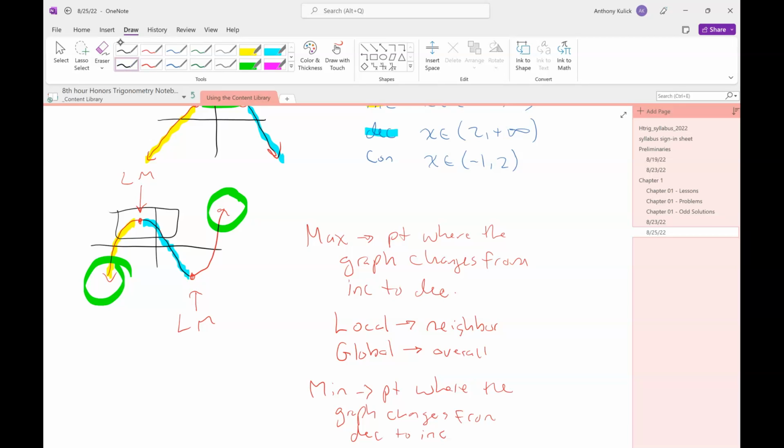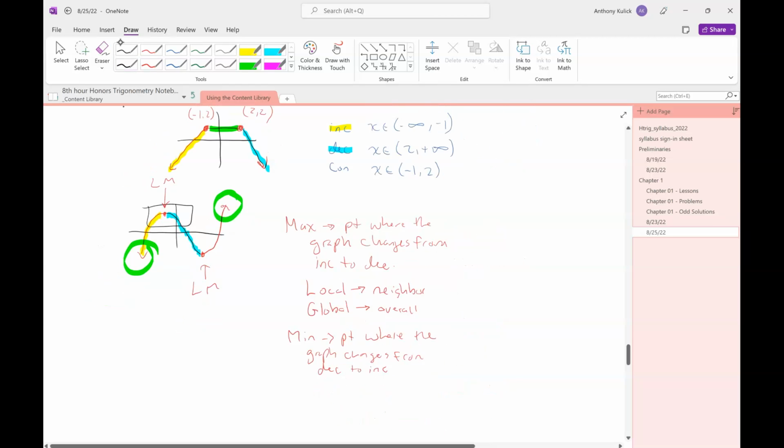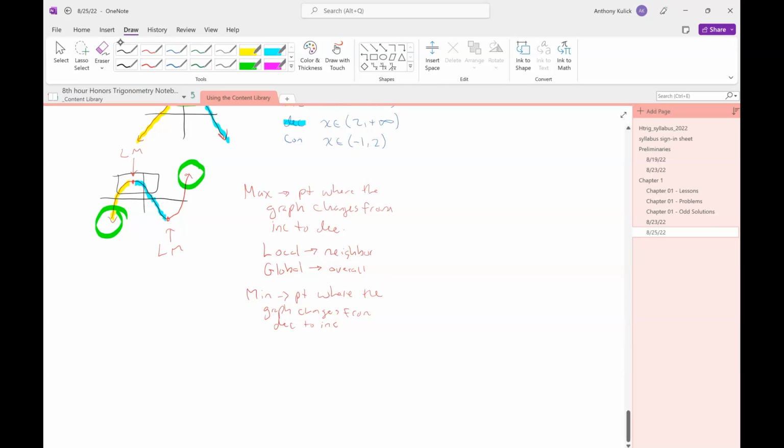How do you guys feel about that? Finding these maxima and minima, what we call extreme points, is that going to be something that's easy to do or hard to do?